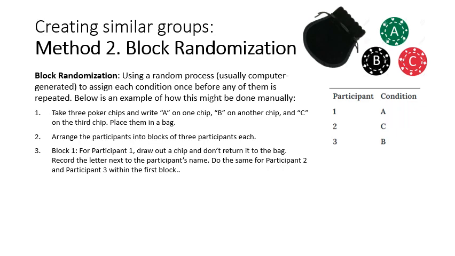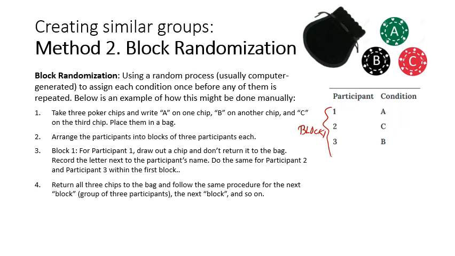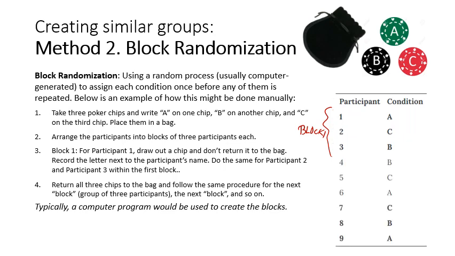And so this is block 1. And so if you continue this process, then you put all the chips back in the bag and do the same process over again for each block that you have. And so you would end up with something that looks like this. So here would be block 1.